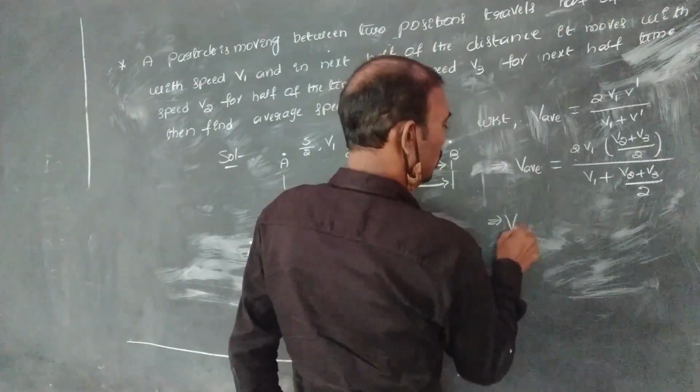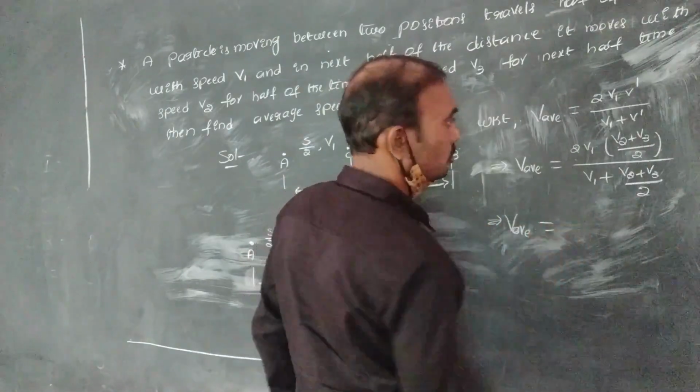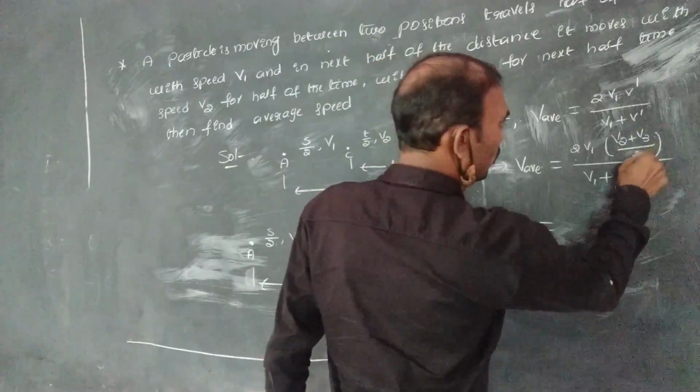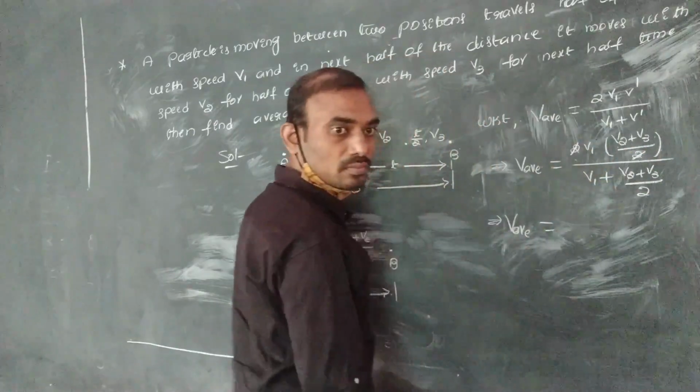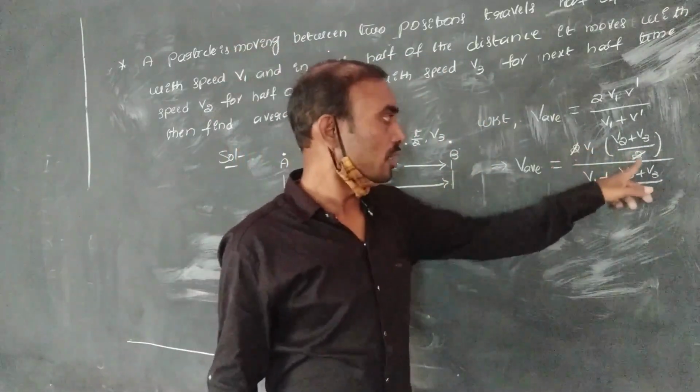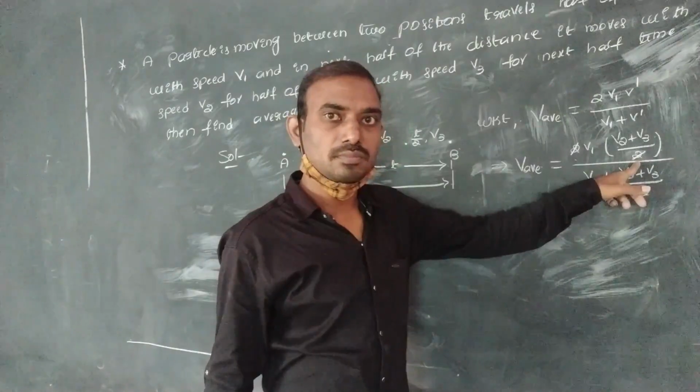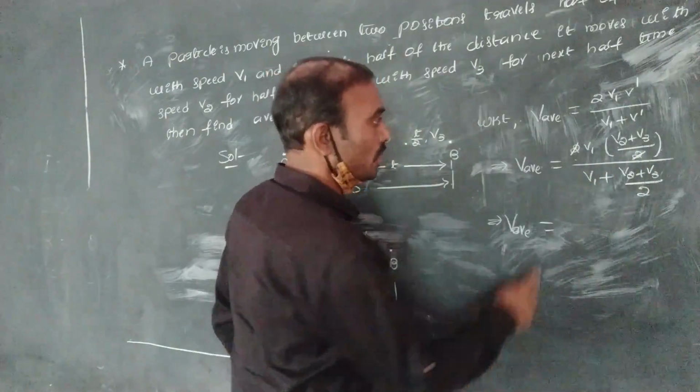That implies average speed equal to, here 2 will cancel in numerator. What is the remaining value in numerator?